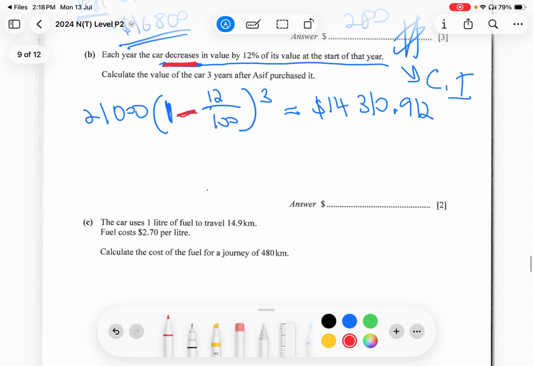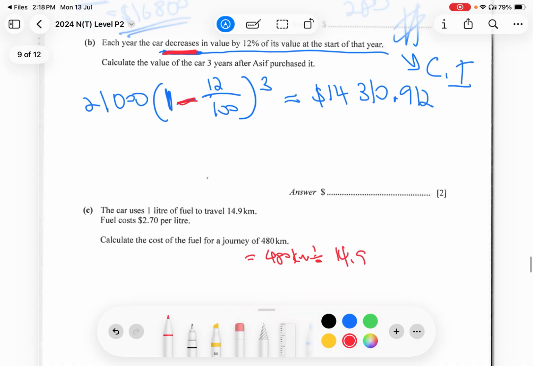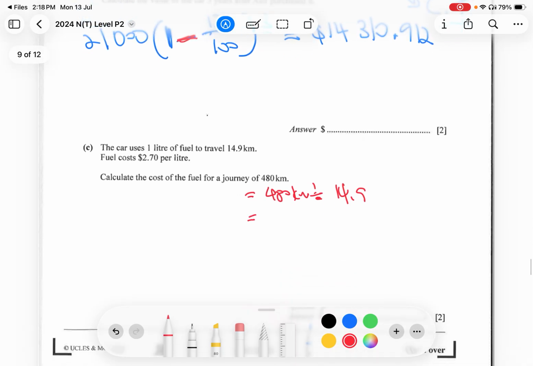Then the car wanted to travel this amount. Find the cost per liter. So how many liters does it need? This is 480 km divided by 14.9.